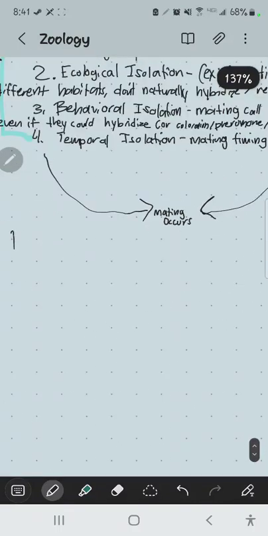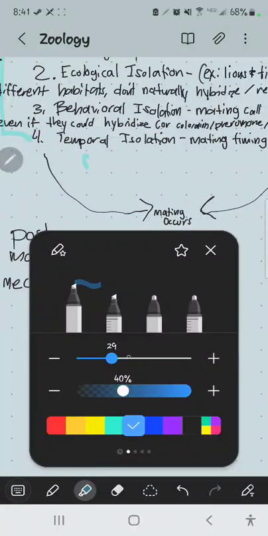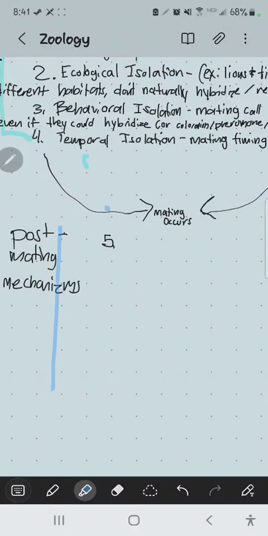So these are after mating, but before fertilization. It's called prezygotic because fertilization doesn't happen. So these are what are called post-mating isolation.